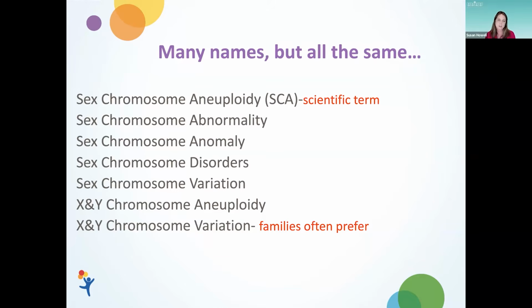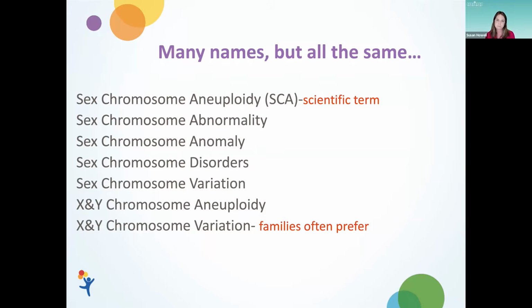And then there's also the term X and Y chromosome aneuploidy. X and Y chromosome is really more straightforward in understanding, more logically.